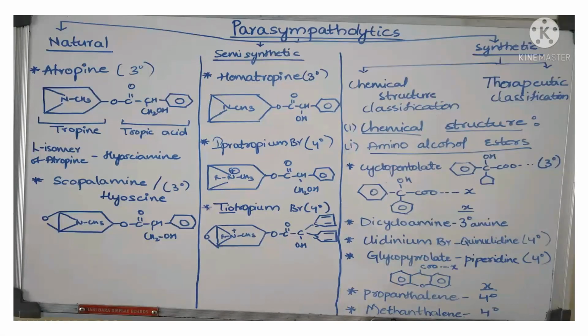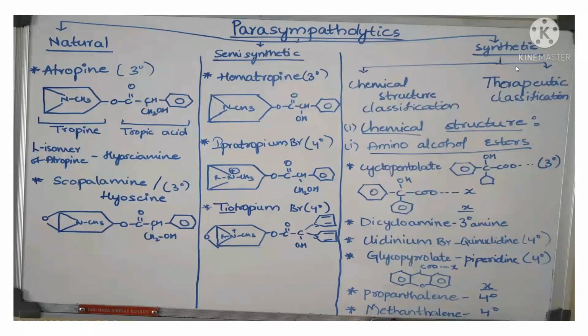Ammonia means NH3, whereas ammonium means NH4 plus. So these -ium compounds are quaternary compounds, whereas those ending in -ine, like scopolamine and homatropine, are tertiary amines. Like that you can remember.